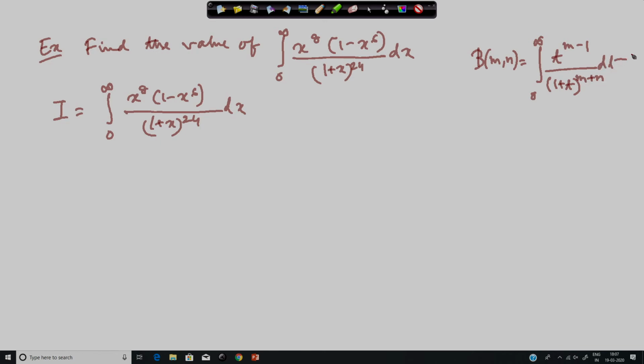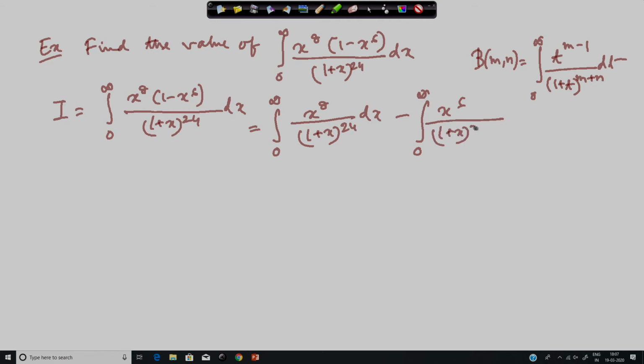You can write this integral as a difference of two integrals, one with 1 plus x to the power 24 dx minus integral 0 to infinity x to the power 6 over 1 plus x to the power 24 dx. If you multiply x to the power 8 and x to the power 6, this becomes 14.